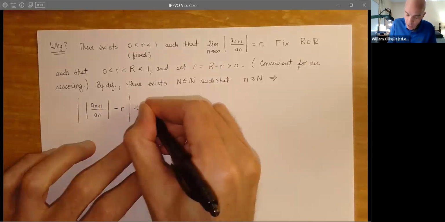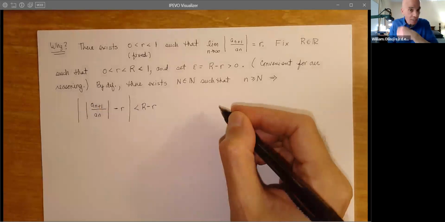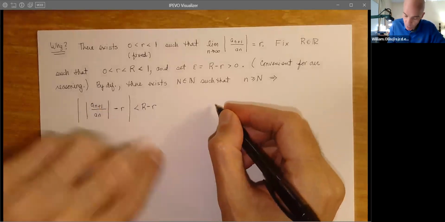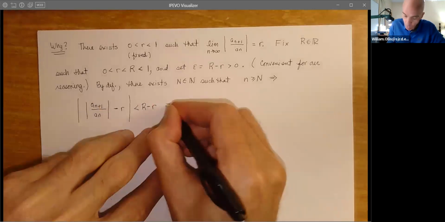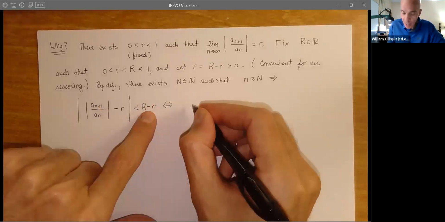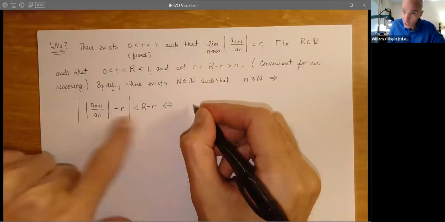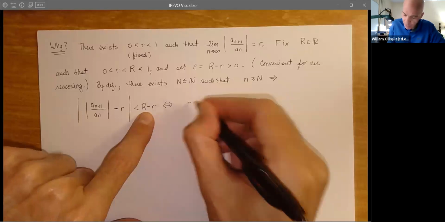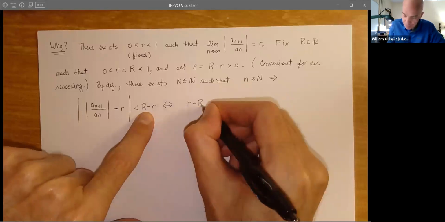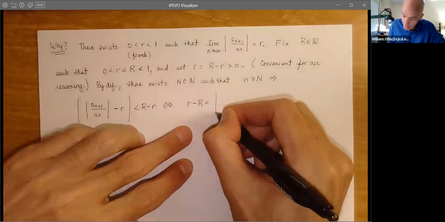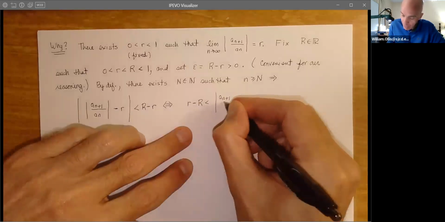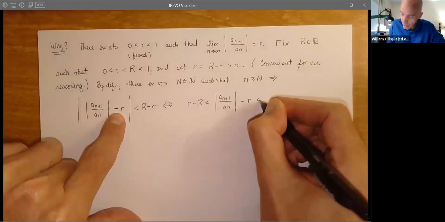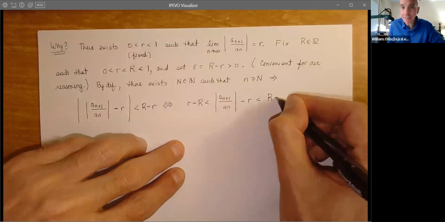And just like before in the limit comparison test, we're going to look at the part of this conjunction that helps us move forward. So what does this say? Well, now this is a positive tolerance absolute value. This is a conjunction. So we take the additive inverse of this. We don't care about this side, but when you flip it around, you have the additive inverse. And you have the absolute value of a sub n plus 1 divided by a sub n, minus r, is less than big R minus little r.